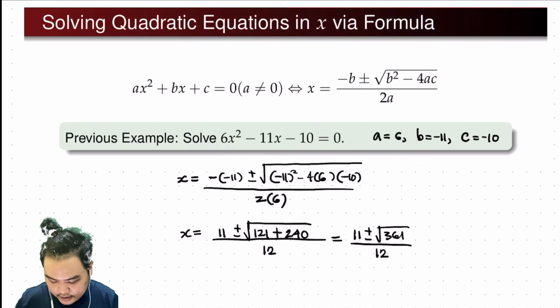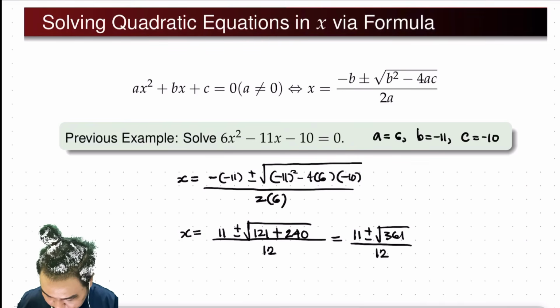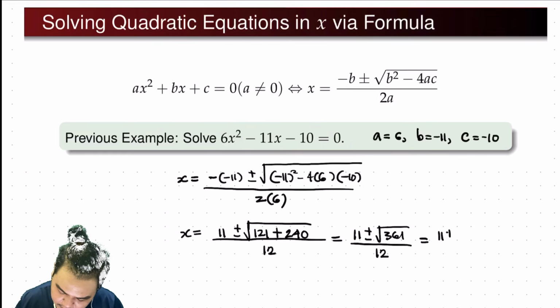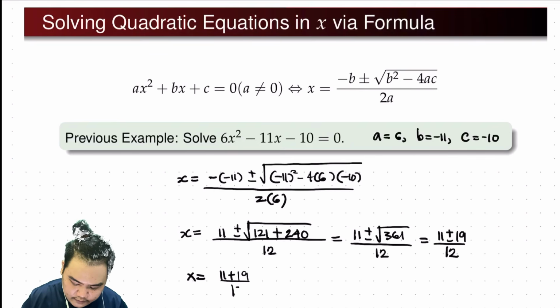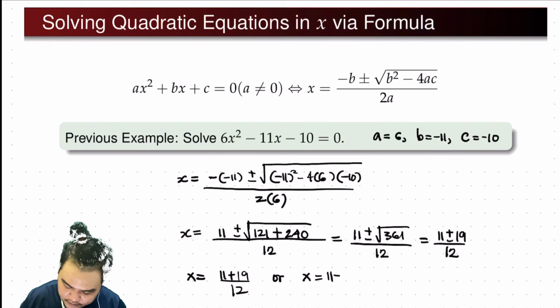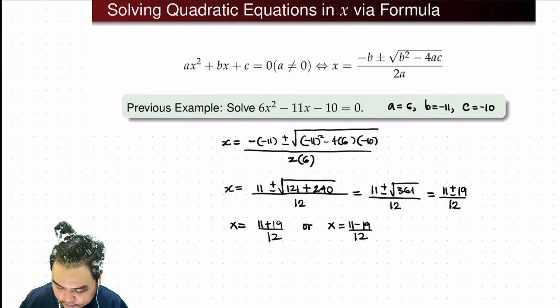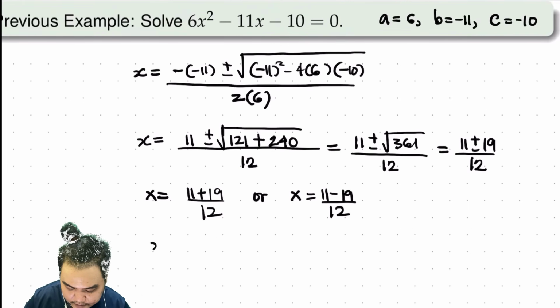Perfect square, ano ba yung 361? So, 11 plus minus 19 all over 12. So, x is equal to 11 plus 19 over 12, or x is 11 minus 19 over 12. So, anong lalabas?